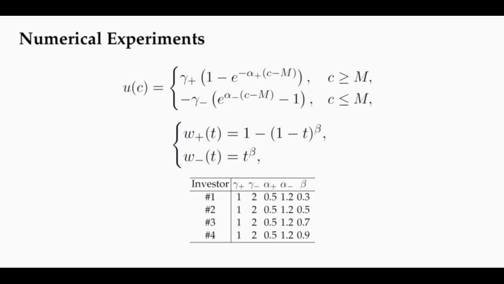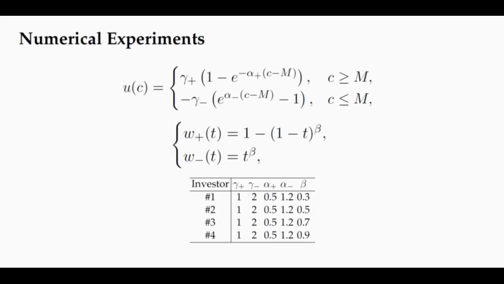So if the terminal wealth is less than m, the investor is risk seeking. So it has a convex utility function, whereas if he has more wealth than m, then he will be risk averse. On the other hand, the distortion function is given by the next expression.